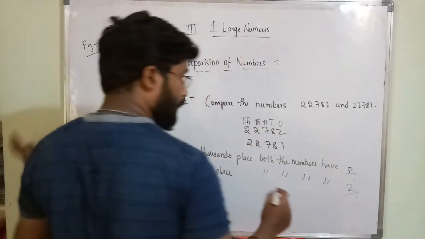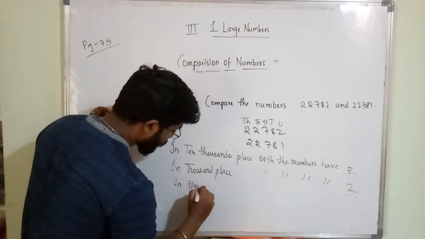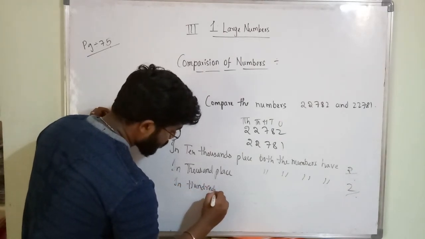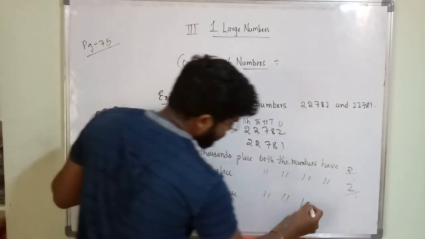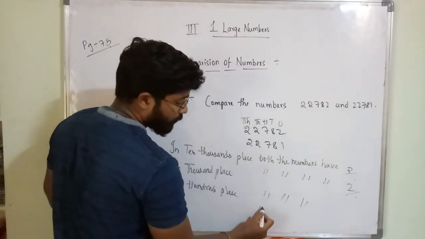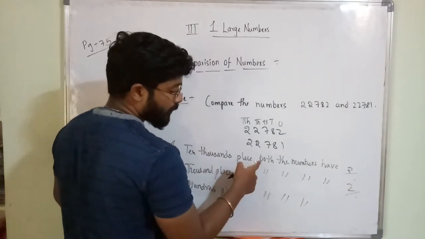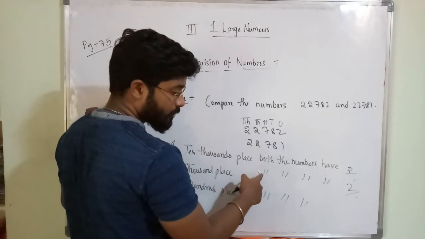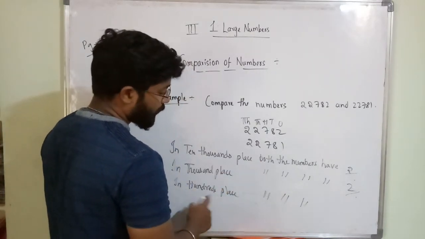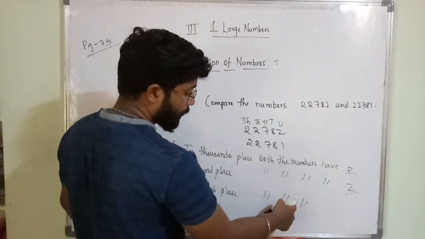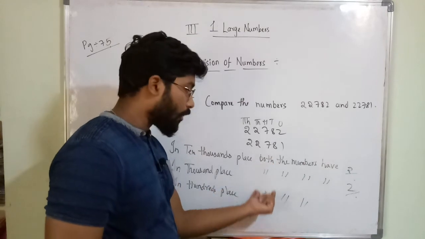In the hundreds place, both the numbers have the same digit. If I keep two small lines like this, what you have at the top will be implied to all of this.